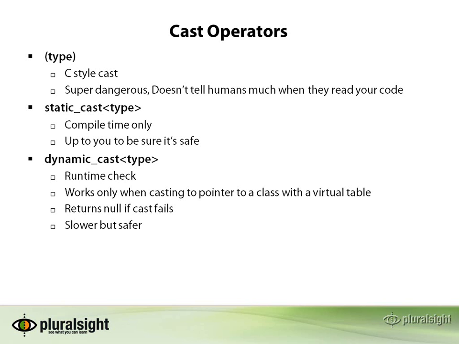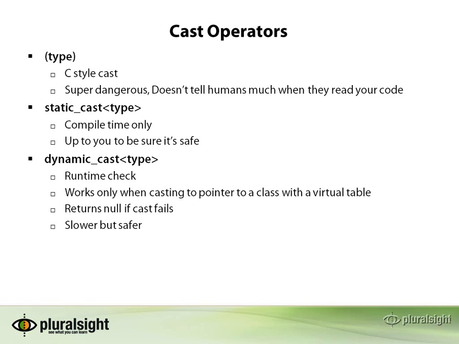The dynamic cast has a runtime check, and the runtime check relies on knowing what the type is at runtime. It's restricted to working with pointers to objects of classes that have virtual tables. The cool thing about a dynamic cast is that when you're trying to cast to a pointer, if it doesn't work, because at runtime it can be established that that's not really pointing to a tweeter, you get back a null pointer.